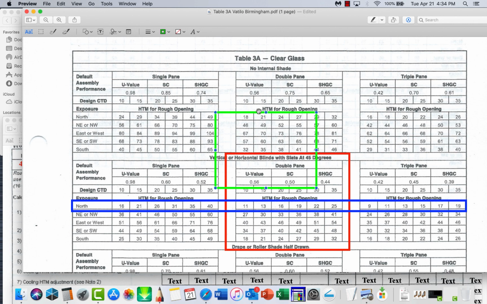Now it's going to be pretty simple to see this when I get done. Like I said, where these intersect, that's where we want to be at. So there's our 20. We're on a north-facing window where these two intersect right here in the middle, 16. That's going to be our number.